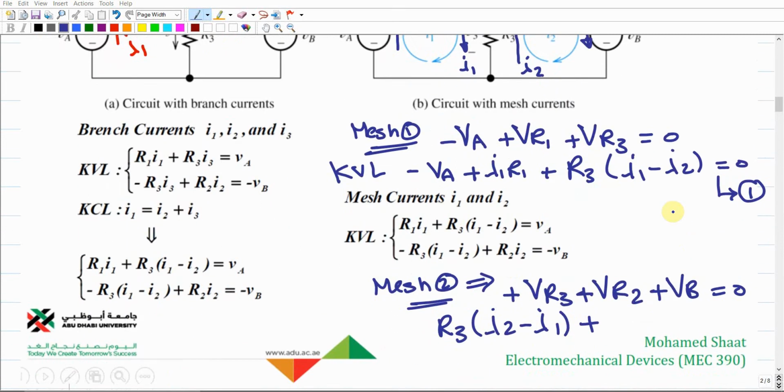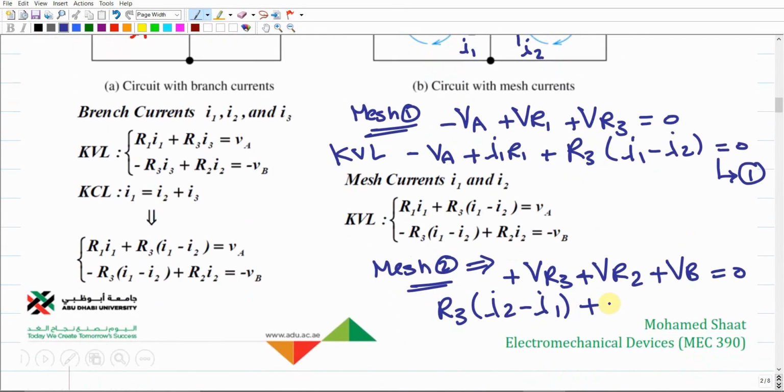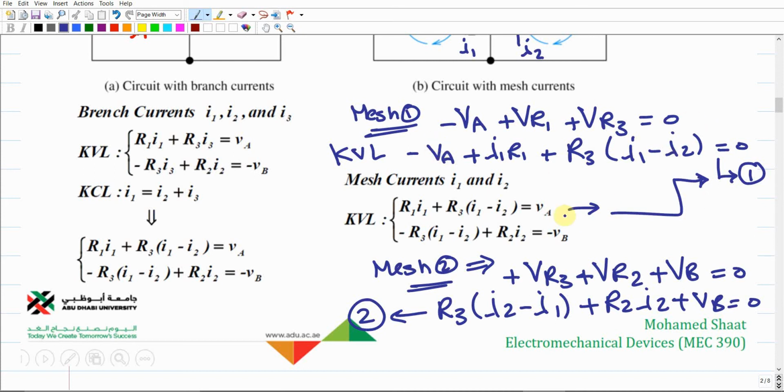So we have the voltage VR2, which will be R2 I2, plus VB equals 0, and this should give us the second equation. If you compare equation 1 to this, it should be the same equation, right? We just move VA, so we have VA = R3 (I1 minus I2) plus I1 R1.